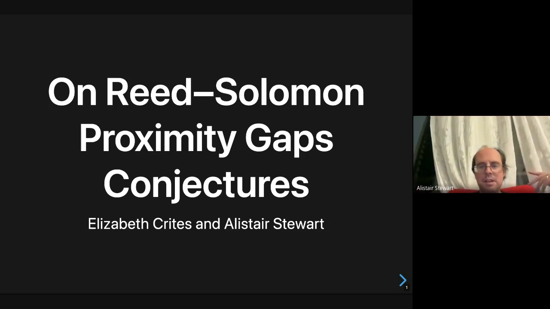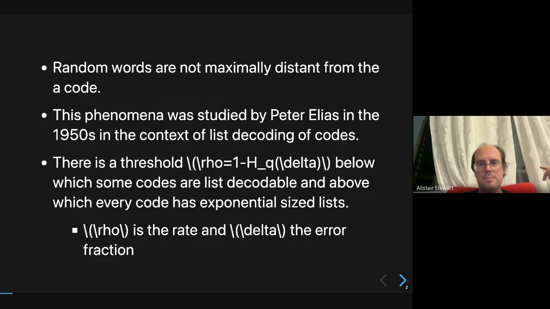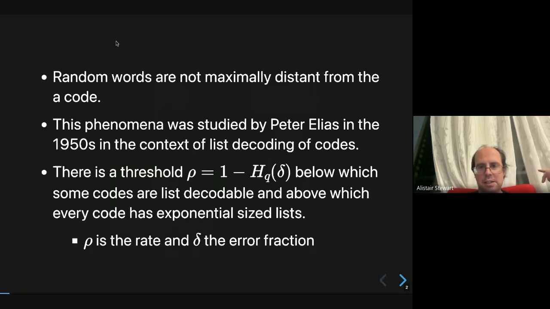Okay, I have some slides. Where are we? Yeah, so the first thing that's kind of different is I think that what's going on with proximity gaps is not too different from what's going on with list decoding. And this phenomenon was known about in the 1950s. Coding theory is an old subject.